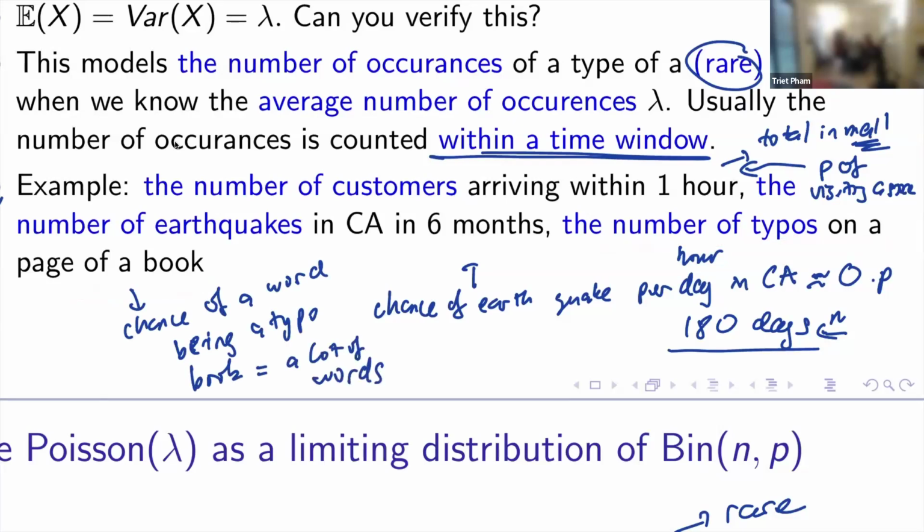You look at the whole book, that has a lot of words. Each word has a small chance of having a typo. So in that sense, you sum it up over a large number of words, you will get a Poisson. But nevertheless, here you're really talking about the number of typos on a page. What's going on there?